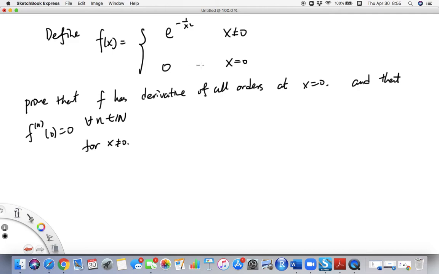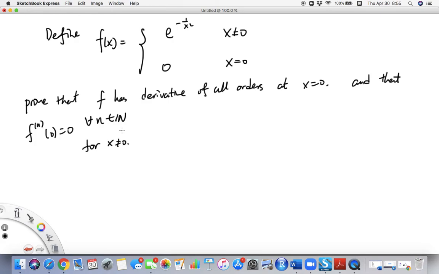First of all, it's easy to see that this function is continuous at 0, right? Because if x is very small, then x squared is even smaller. So minus 1 over x squared goes to minus infinity, and e to the minus infinity is 0. Okay, so our function is continuous.